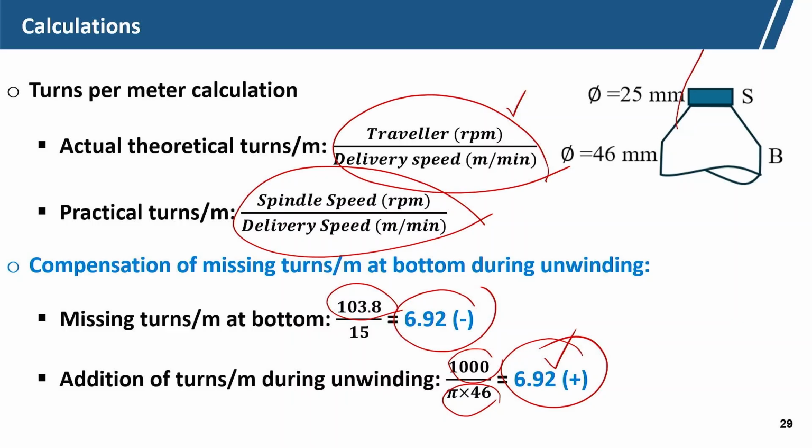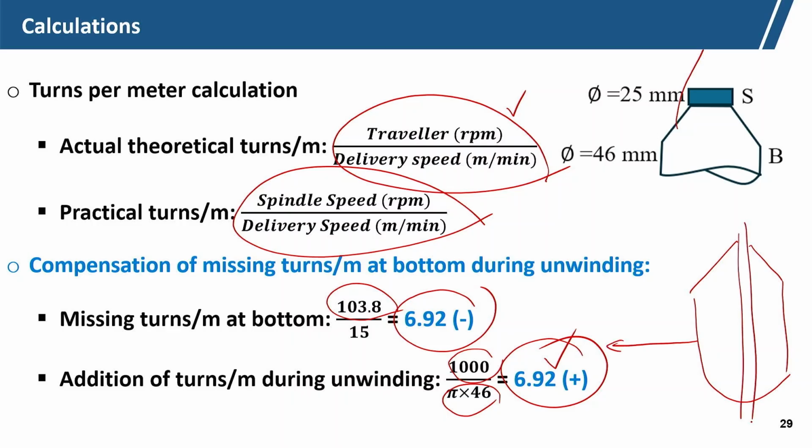Now, if we had a system where the package is unwound from the surface, like the roving, then the twist would be traveler RPM by delivery speed, but this process is not adopted in the case of ring bobbin. So, top unwinding is carried out, where twist compensation takes place.